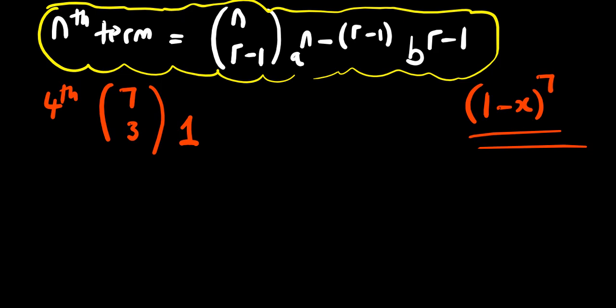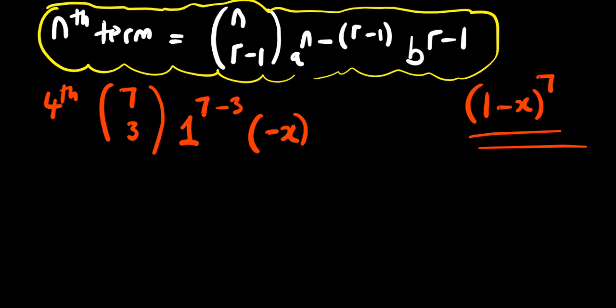You get your 1, with the power n minus r, which in this case is 3. Then you multiply by negative x to the power 3, because there's a 3 here.